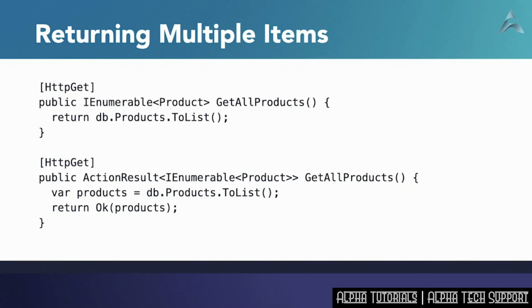The return type of the getAllProducts method is not IEnumerable of product any longer, but action result or action result of IEnumerable of product. Therefore, we cannot do a return and then the list of products. Instead, we can do return OK of products. So the list of products is now an argument to a method called OK. And that's defined in controller base, actually.